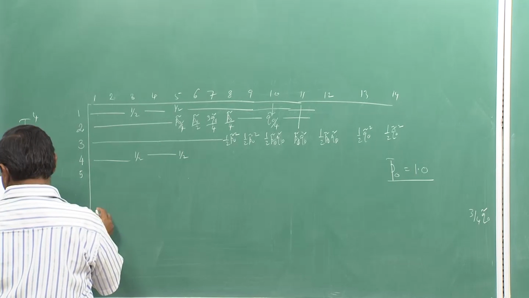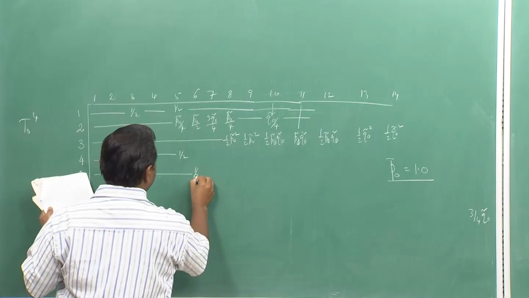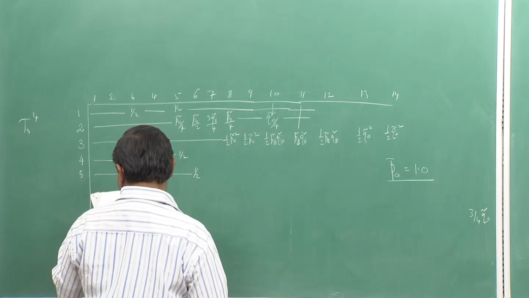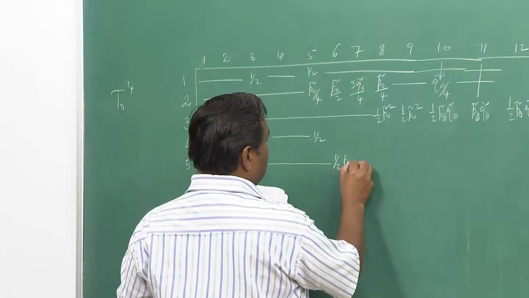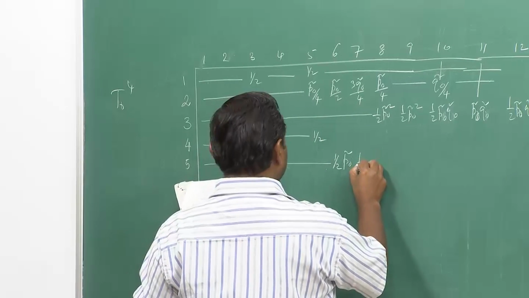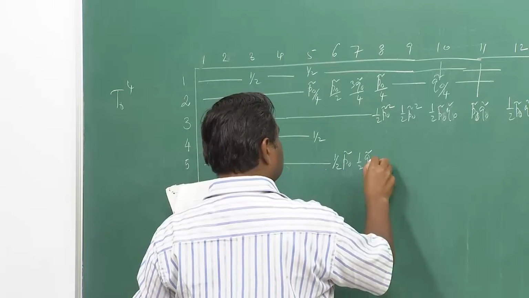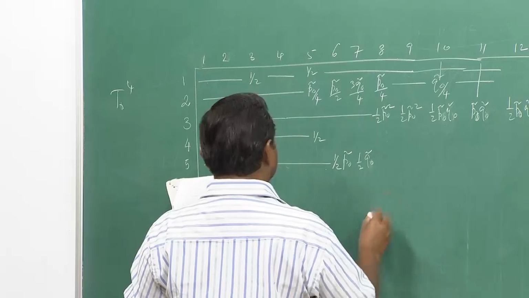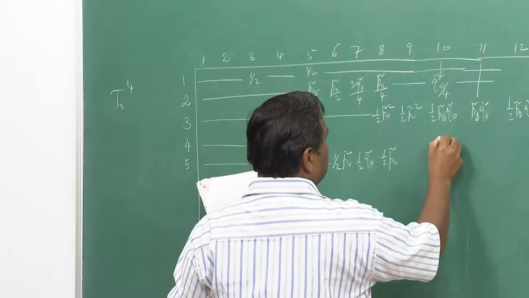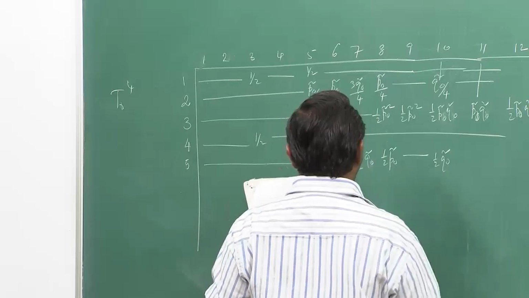Fifth will be at the sixth 1 by 2, p0 tilde, at 7th half q0 tilde, 8th half p0 tilde, and 10th half q0 tilde. Okay.